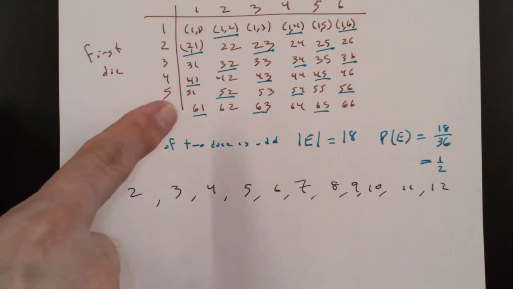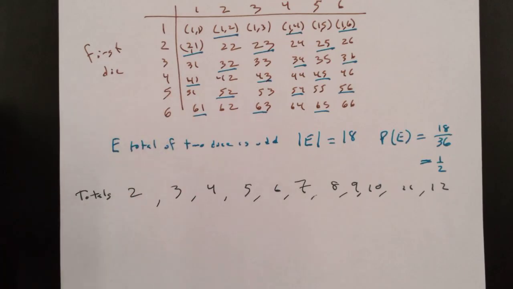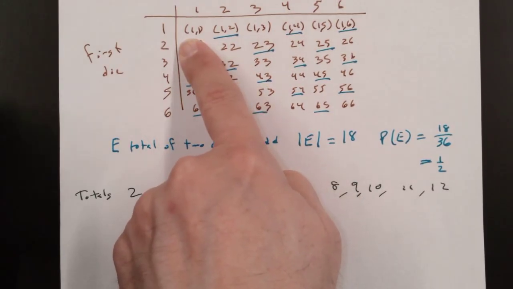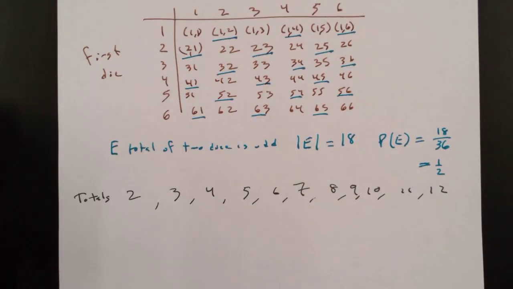Looking at this table, tell me, what's the chance you roll a total of 2? There's only one way to do it. Snake eyes. On the other hand, what's the chance you roll a total of 4?